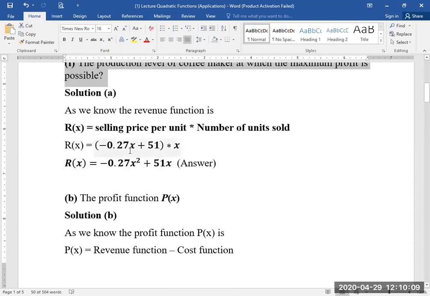Students, as we know, the revenue function is equal to the selling price per unit multiplied by the number of units sold.